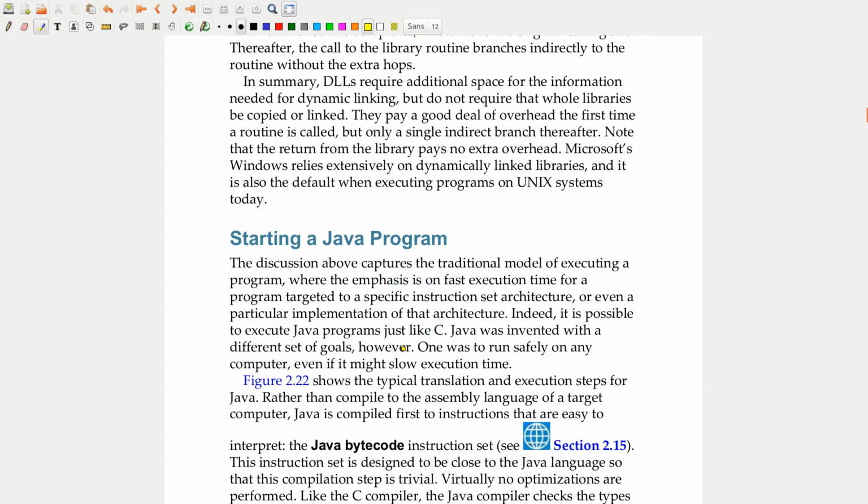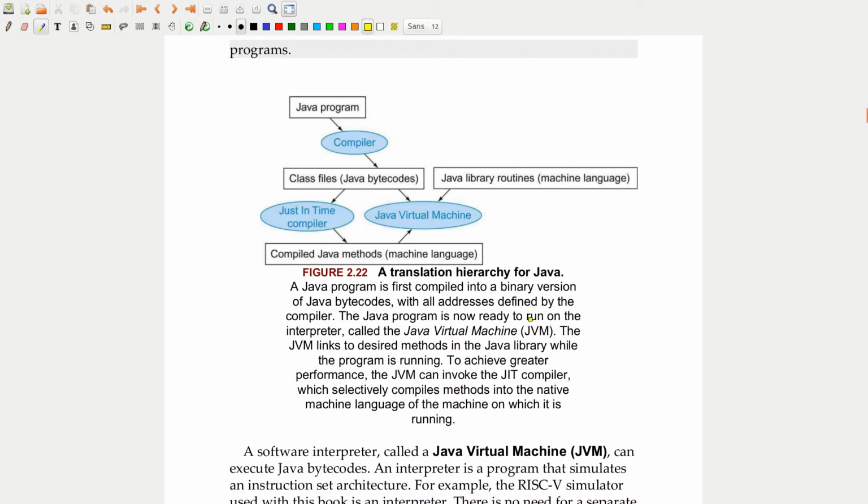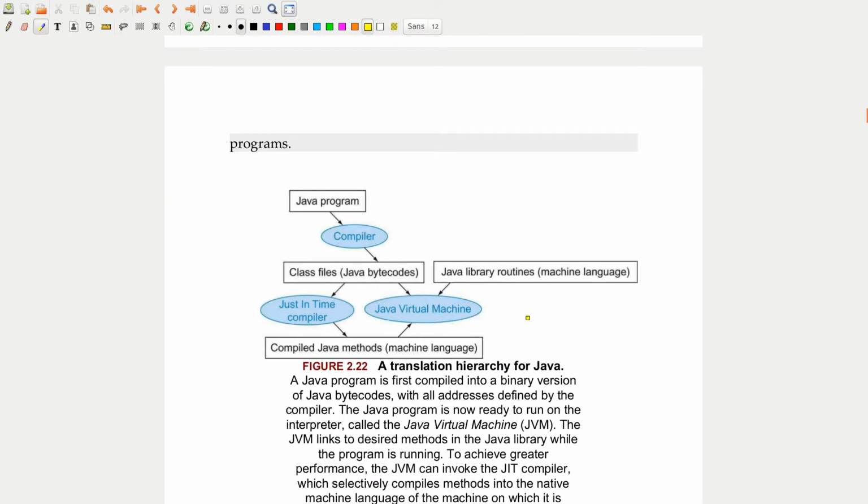And then they have another example for Java, and for the Java one, we'll basically stop here and just go over this. We have a Java program that goes to a compiler that makes Java bytecode. Separately, you have the Java library routines. The compiler takes what you wrote and all the class files and puts it into Java bytecode.